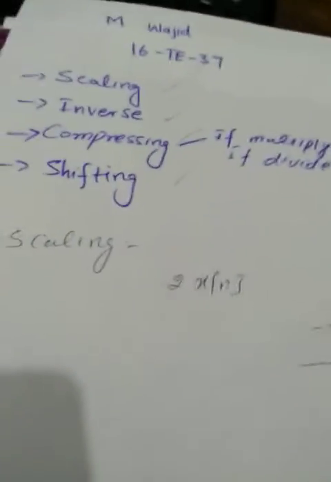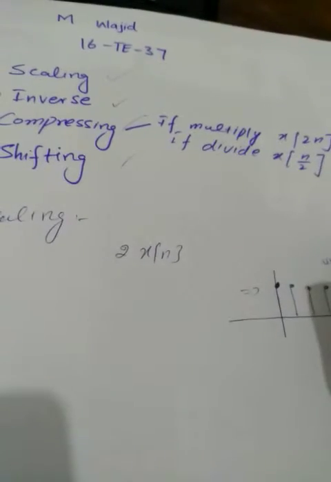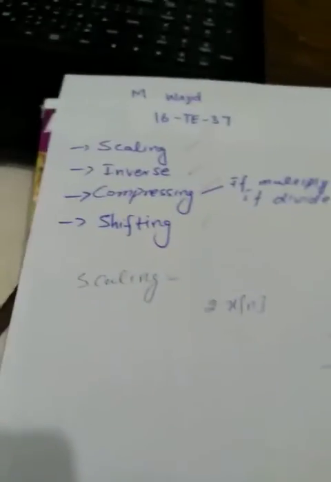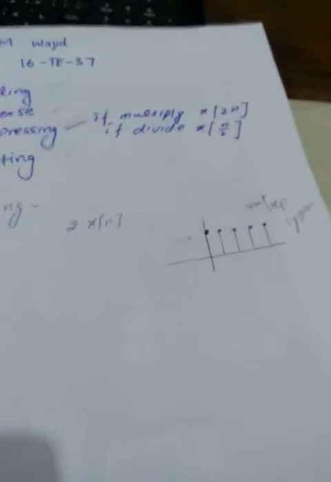This is our system. This is our unit step system. What do we do in the scaling property?